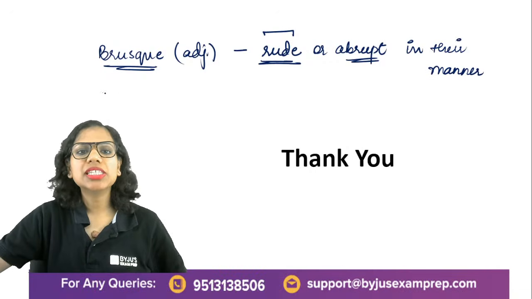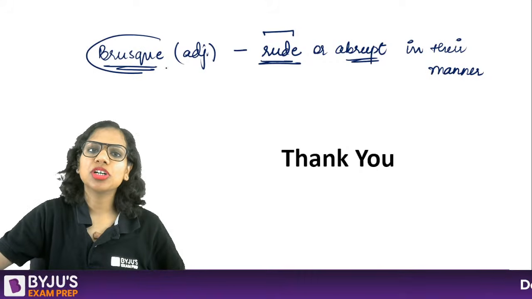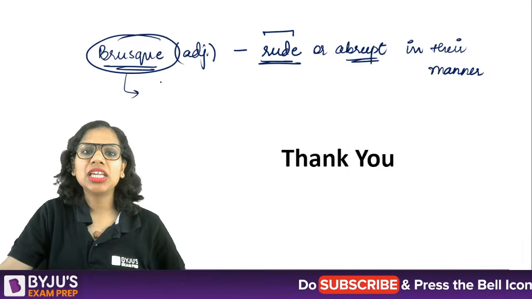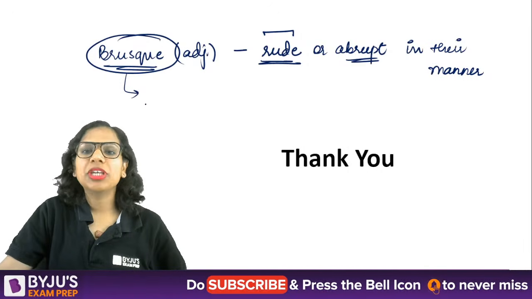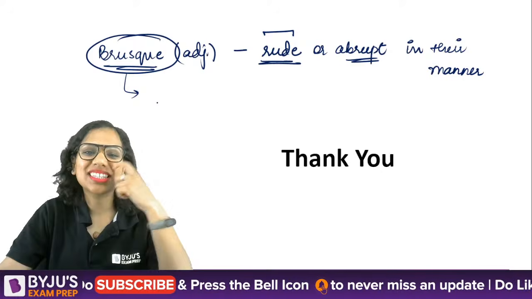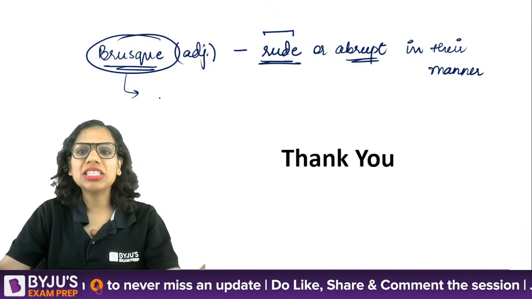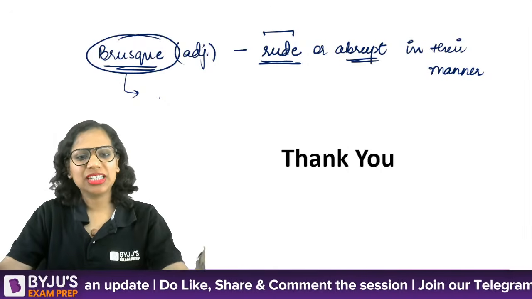I dislike talking to her because of her brusque mannerisms. Her brusque reply left him fuming. So he couldn't say anything in return, but he was left fuming, angry. So brusque means rude or abrupt, right?